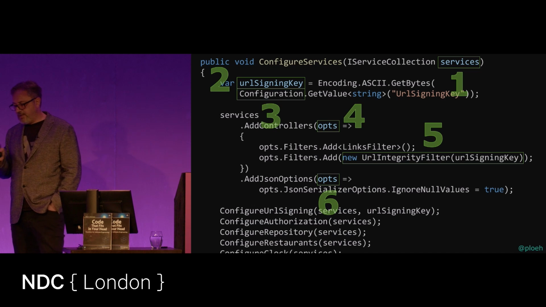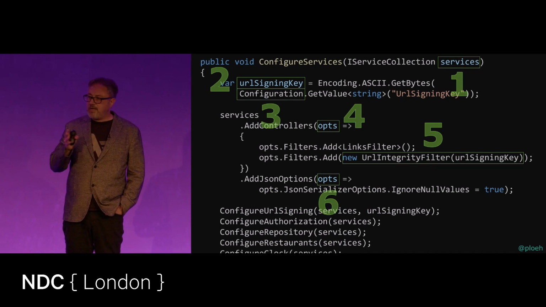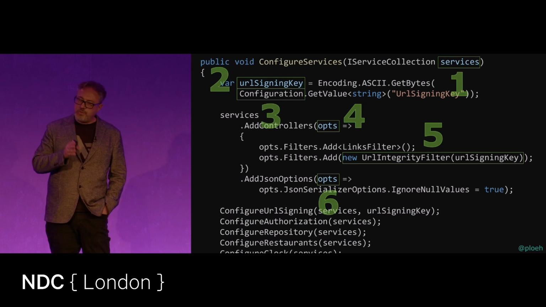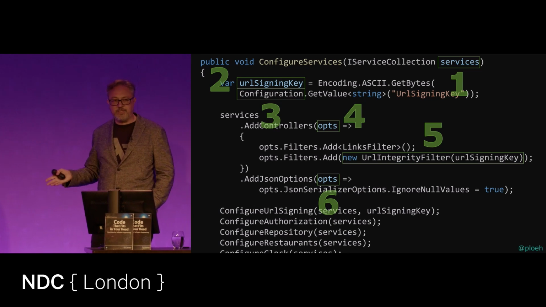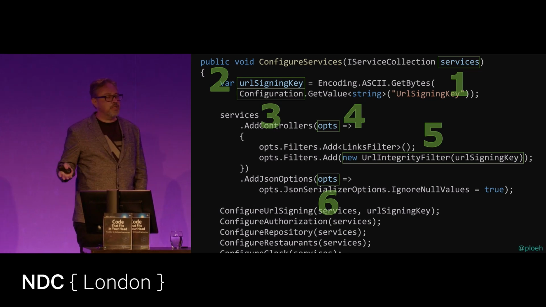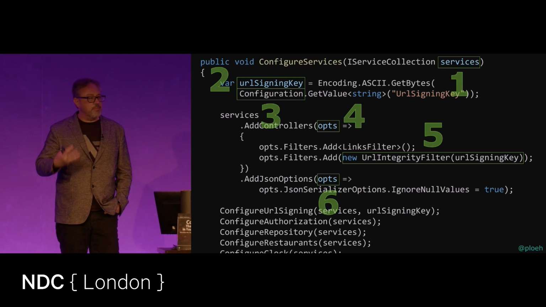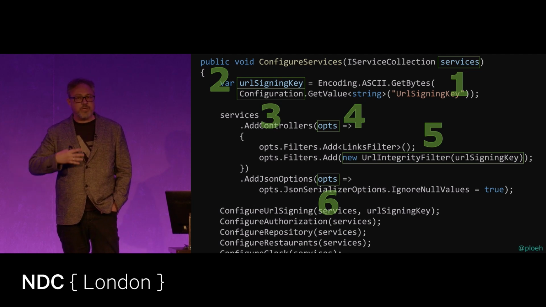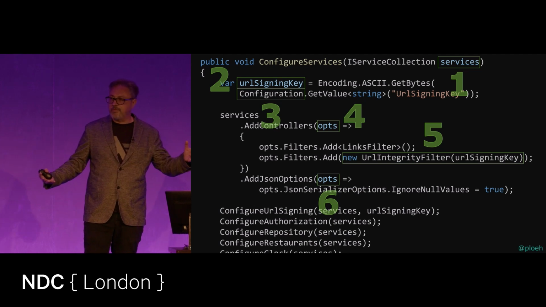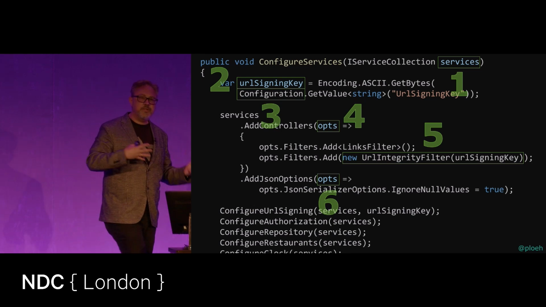These things are not there in order to be rigid rules. These are tools you can use in order to give yourself a vocabulary so that you can discuss things with your colleagues. If you want to have a discussion with a colleague, where you feel that a particular method you're looking at is growing too complicated, and you want to split it up into a couple of helper methods, and the other colleague says, well, I don't feel that way.